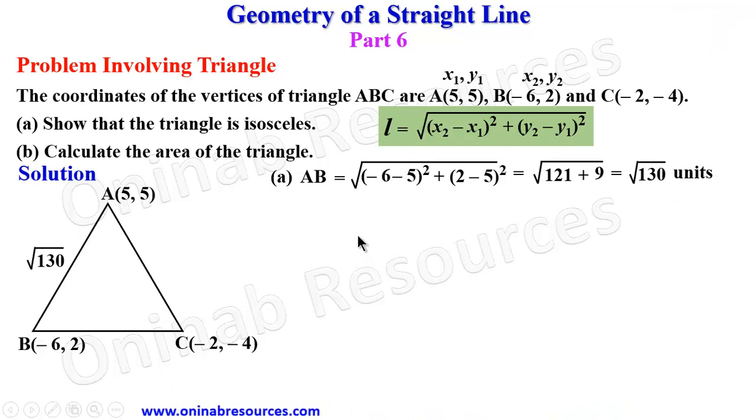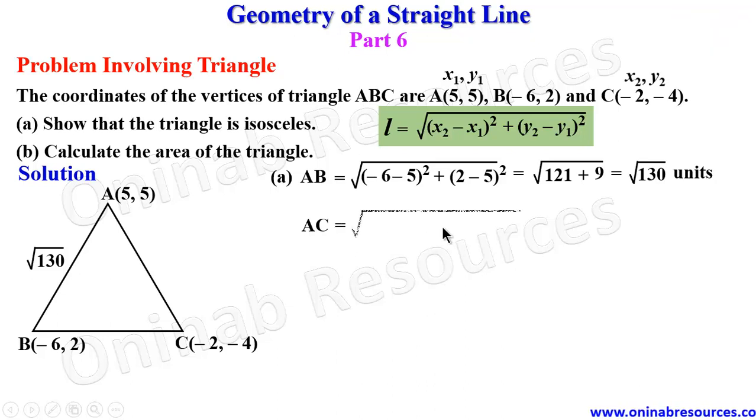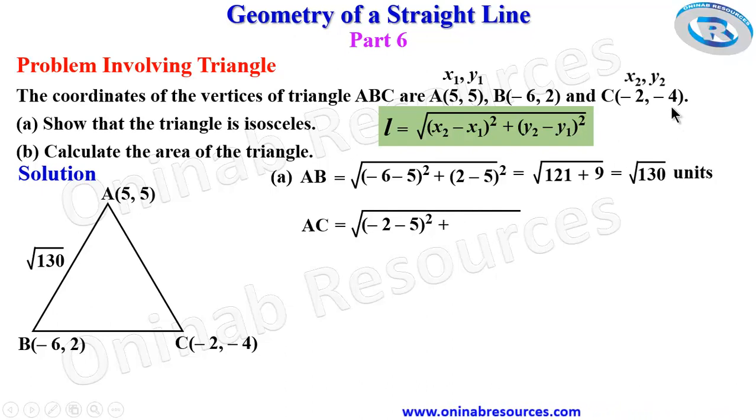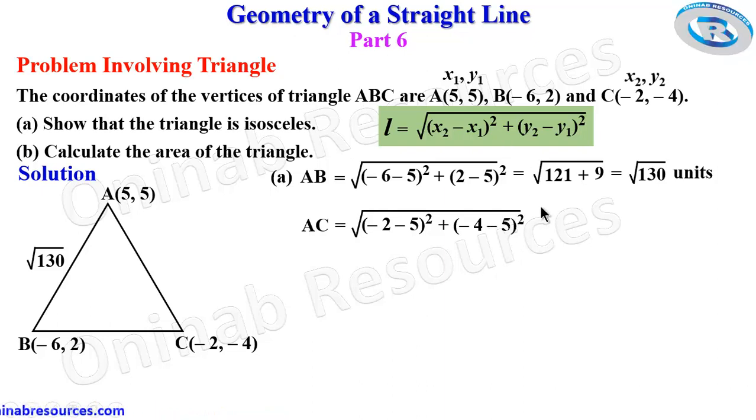Then we go for AC. In the same way, we maintain point A to be x1, y1, and point C now will be x2, y2. Substituting into the formula, this is the square root of (x2, which is -2, minus x1, which is 5) all squared, plus (y2, which is -4, minus 5) all squared. -2 minus 5 gives -7.